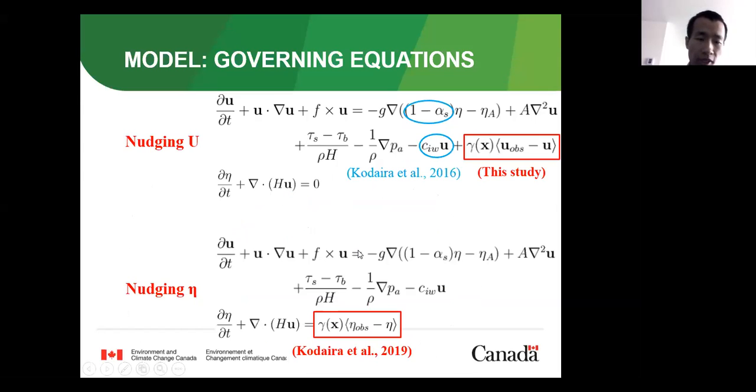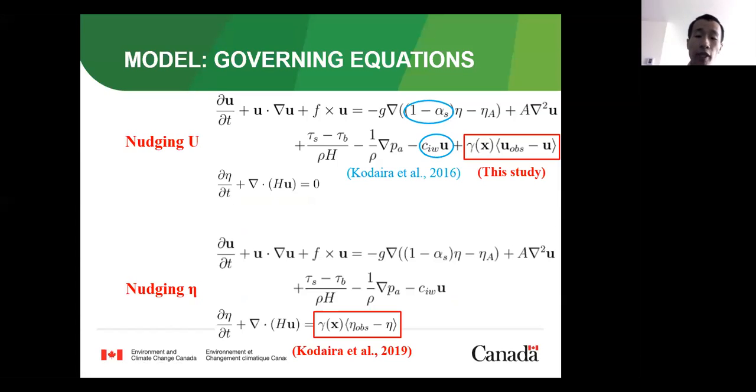The model is barotropic based on the depth integrated momentum and continuity equations. The changes we made on the equations is that we include the self-attraction, the loading term, and the internal wave drag term to support tide prediction.